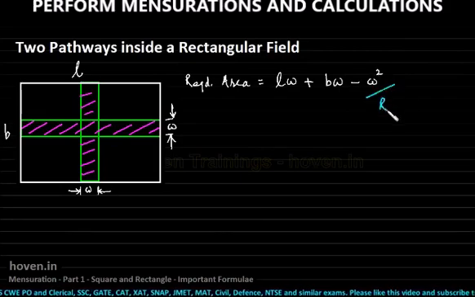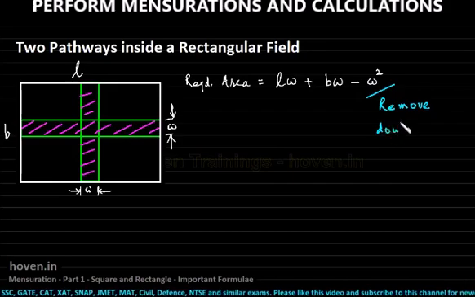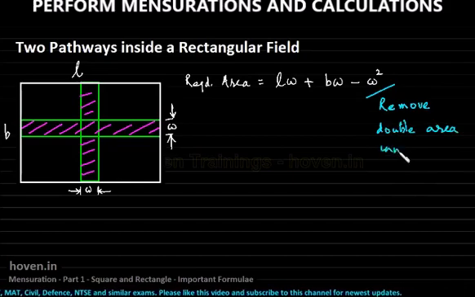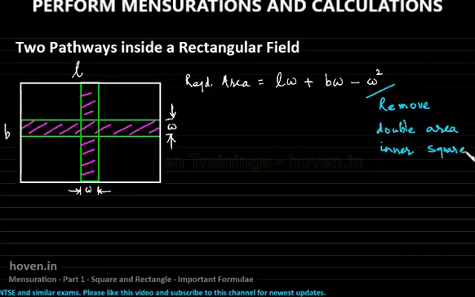So I will write here, remove double area of inner square W by W. Now we can just take W out common.